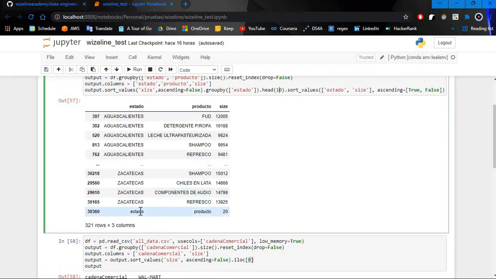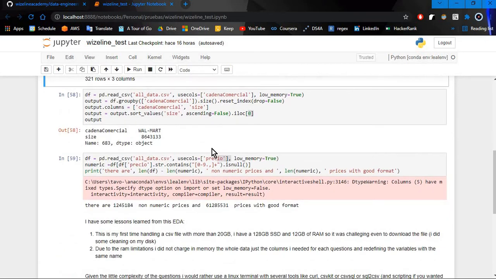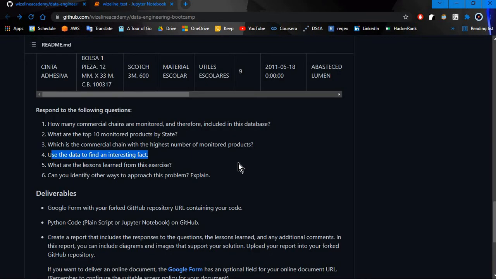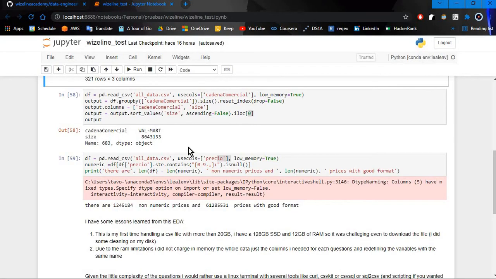I should mention that there are 20 rows with state and product that do not have a correct format. The third question is which is the commercial chain with the highest number of monitored products.